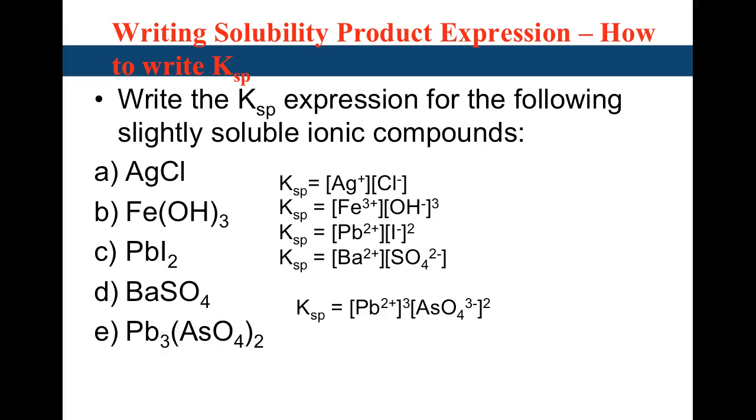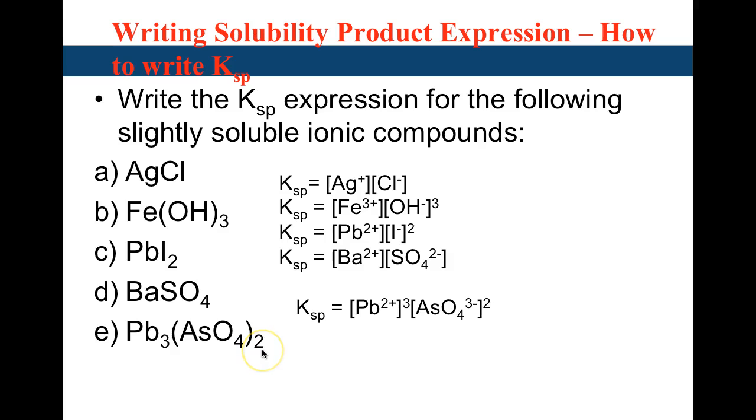All right, so just a minute. This is what it's going to look like. So Ksp here is just split them into two, Ag plus and the Cl minus, split them into two halves, the Fe3 plus, because it's a 3 on the Fe, each OH is negative, and then that's cubed. And then this is going to be Pb2 plus and then I minus squared, and then Ba2 plus and SO4 2 negative.